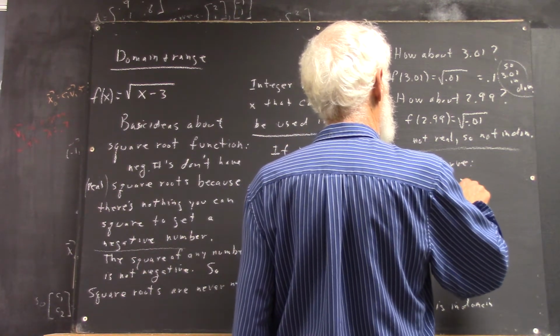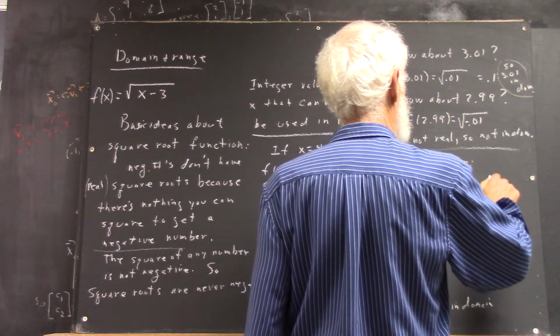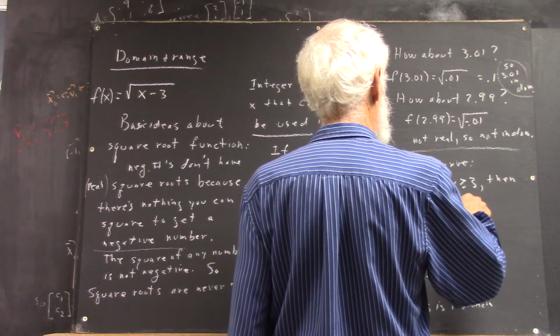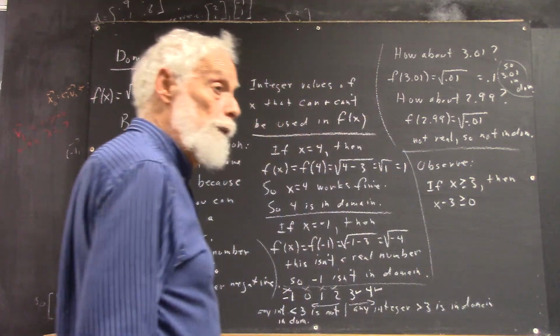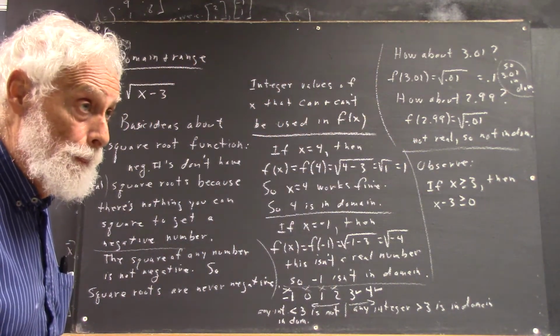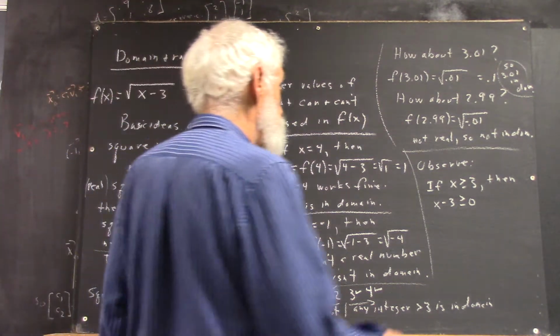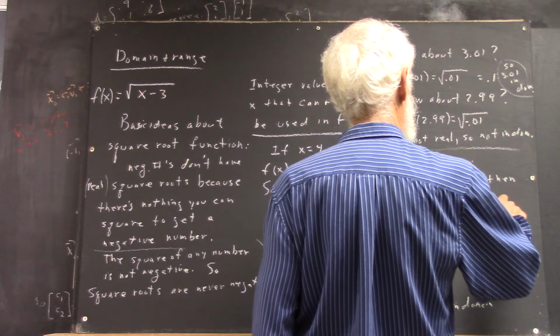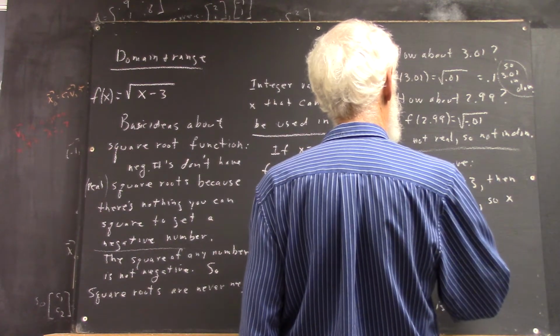if x is greater than or equal to 3, then x minus 3 is greater than or equal to 0, right? So x is in the domain.